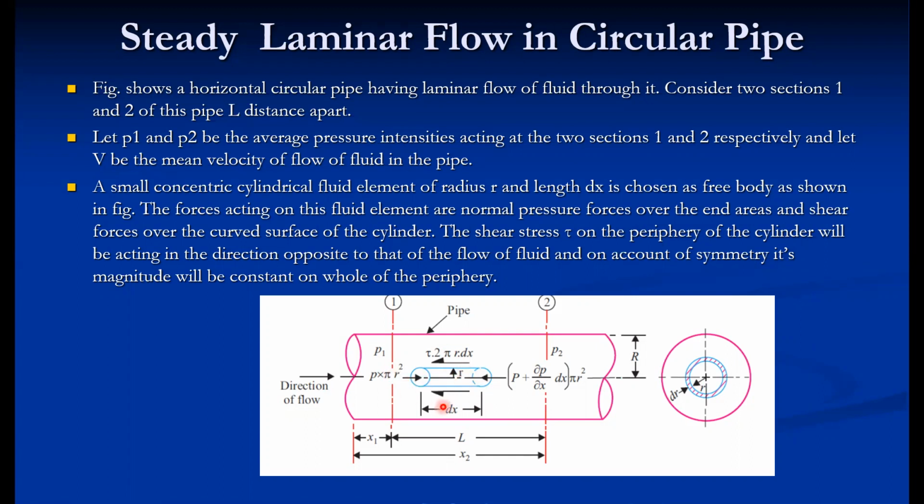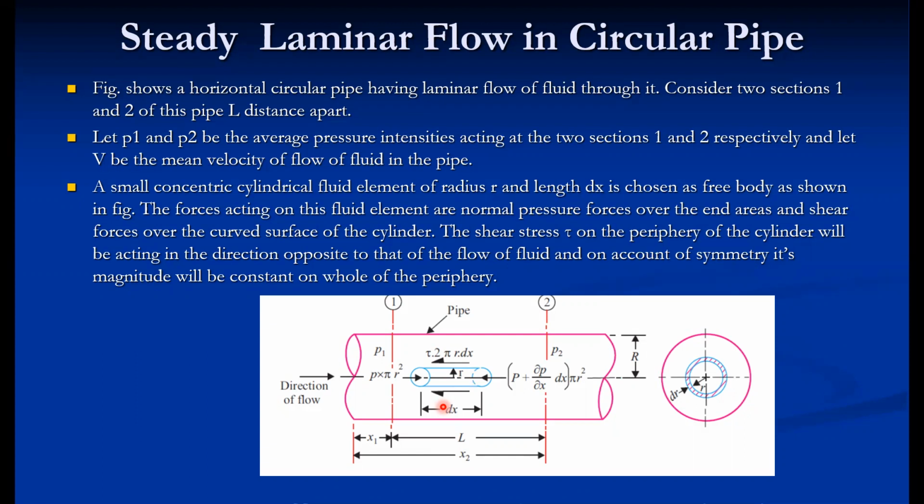As this is a viscous flow, generally three forces are considered: pressure force, gravity force, and viscous force. We already studied in the first lecture the forces present in the Navier-Stokes equation. So there are three types of forces considered when a viscous fluid flows through a closed conduit.